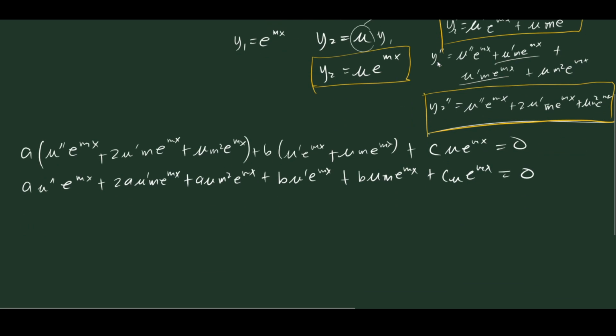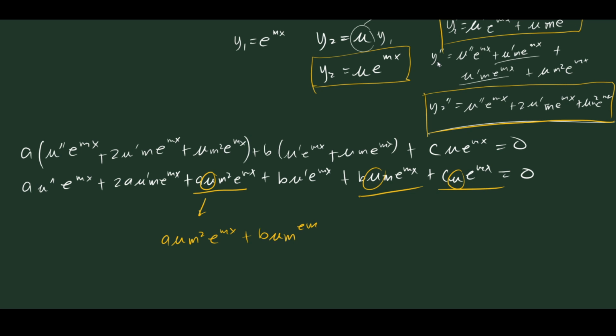Okay, so this is very long, but we will simplify this. So let's start simplifying. Let's focus on these terms right here, the terms with the mu. Okay, so let's group them first. We have a mu m squared e raised to mx plus b mu m e raised to mx plus c mu e raised to mx.